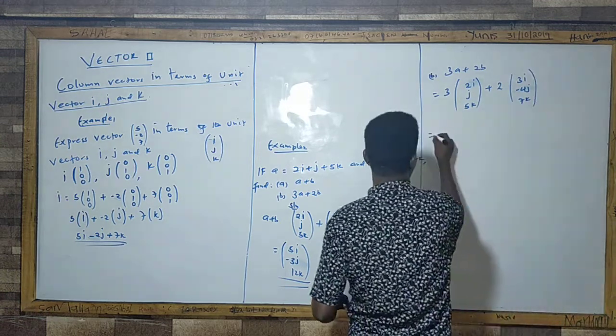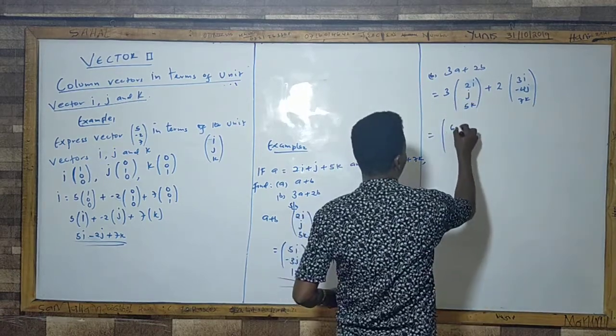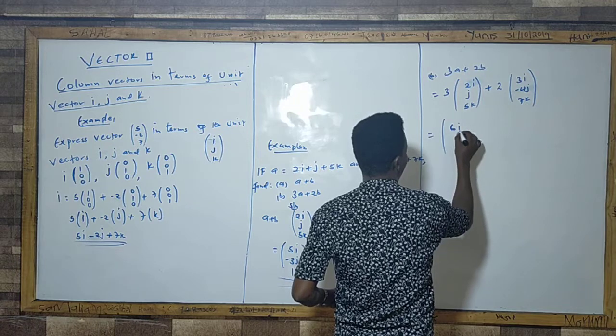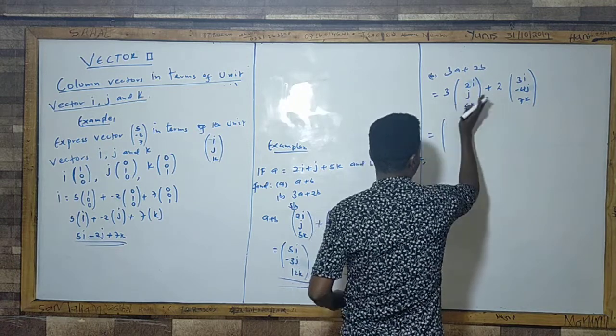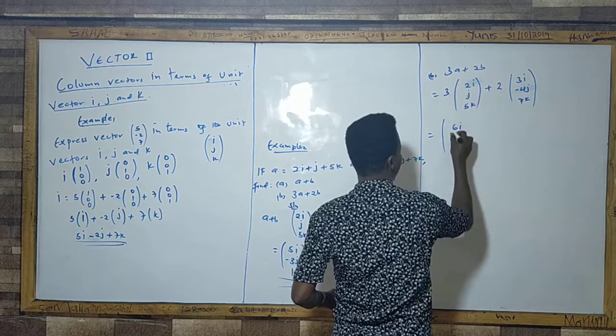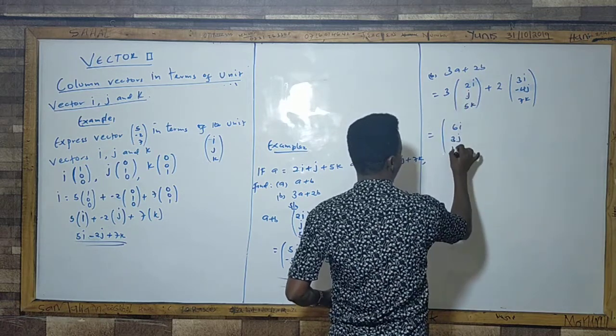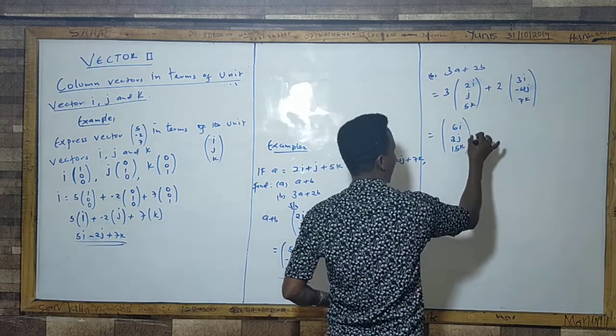So this can be written as, look here, 3 times 2i, that is 6i. This time is 3j. This time is 15k. Close the bracket.